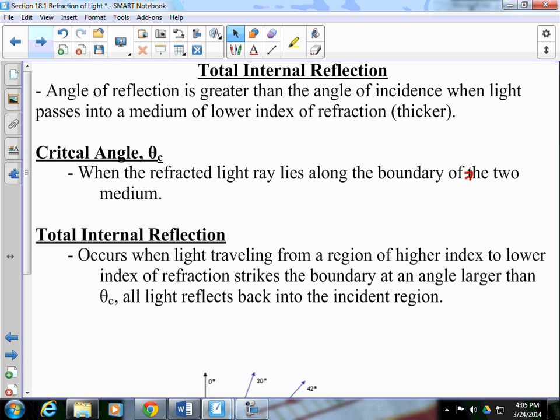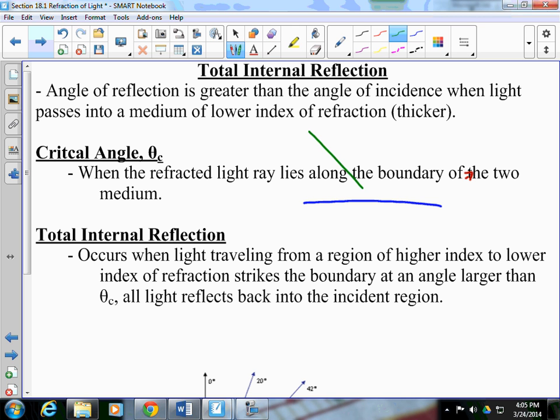The angle of reflection is greater than the angle of incidence when light passes into a medium of a lower index of refraction, so a thicker object. Two things come into play here. We have the critical angle, and that is when the refracted light lies between the two boundaries. So hypothetically, let's say I have my boundaries here.